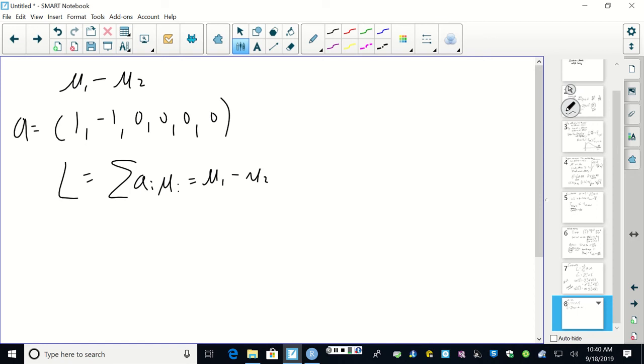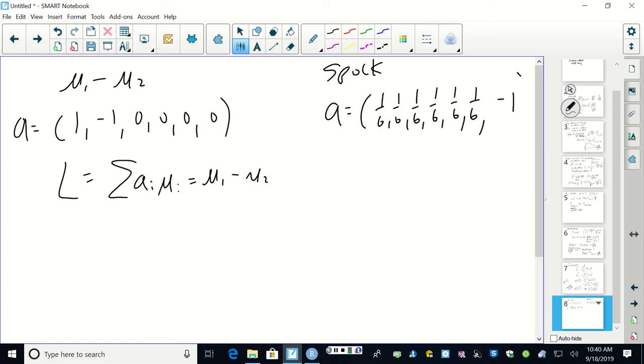In this case with the Spock, I'm going to use a values that are 1/6, 1/6, 6 of them, 1, 2, 3, 4, 5, 6, and -1. So this is going to produce the average of mu1 plus mu2 plus mu3 plus mu4 plus mu5 plus mu6, over 6, the average of all those, minus mu sub 7.